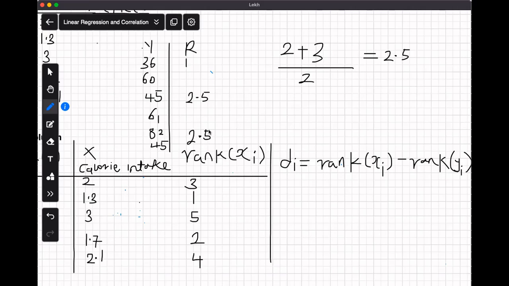Now, when we have done that, we can no longer continue with the two ranks we have added and divided by. Don't forget, I tried to say that if we had 45 3 times, let's do it in this case also. Assuming that we had another 45, 36, 60, 45, 45, 61, 82, 45. Then what would we have had?